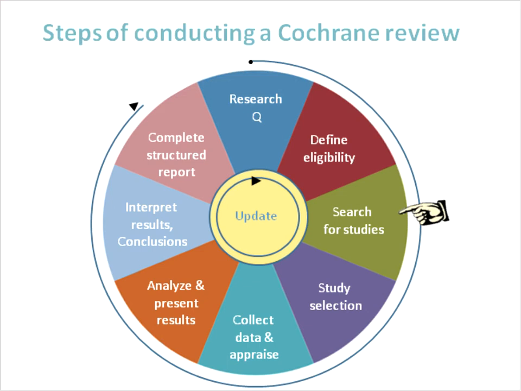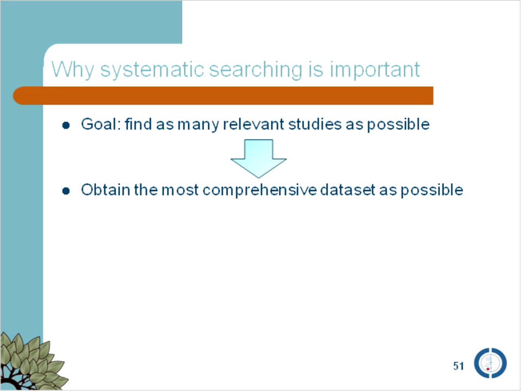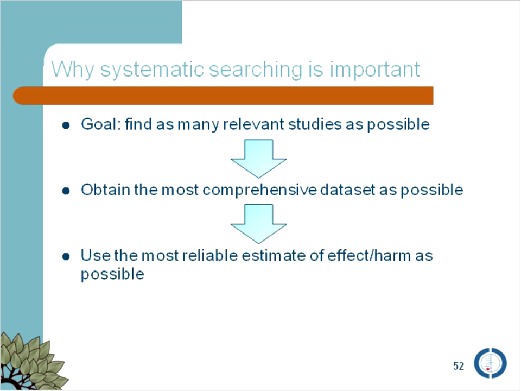So let's look at the search for studies. To look at why systematic searching is important, just to take a step back and think about the importance of this: you want to be able to find as many relevant studies as possible, because you want to obtain the most comprehensive data set as possible, which impacts your estimate of effect.